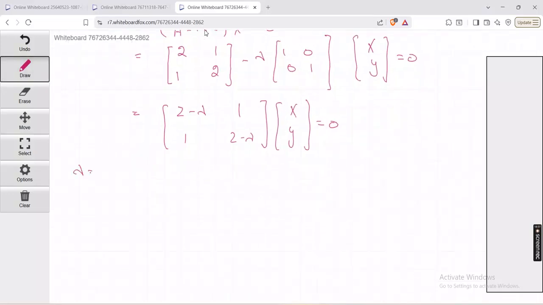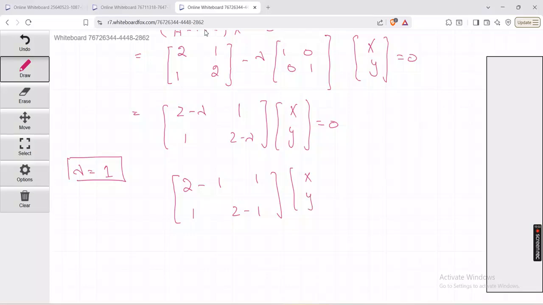Now put the value for lambda is equal to 1. So 2 minus 1, 1, 1, 2 minus 1, x y is equal to 0.